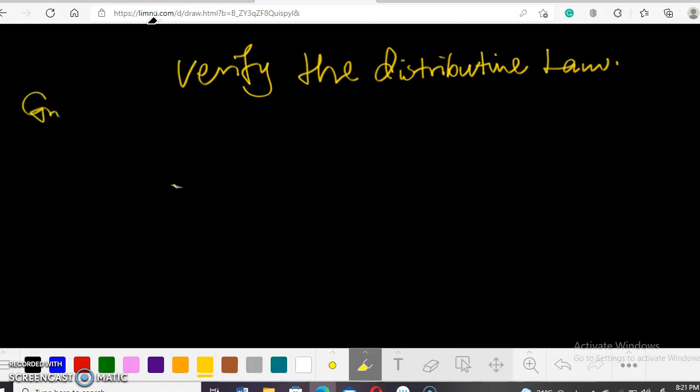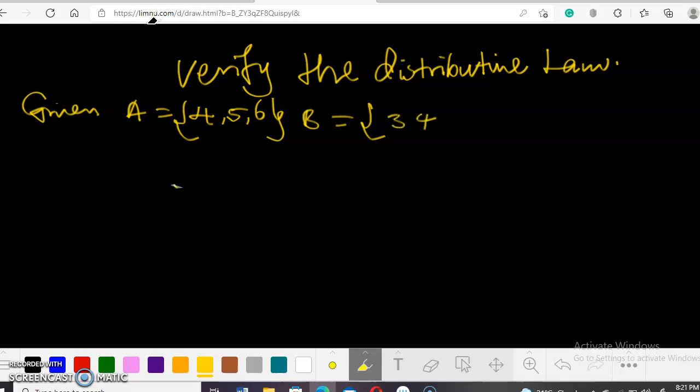Assuming that we are given three sets, say we have set A, which is given by 4, 5, and 6, and we have set B, which is given by 3, 4, 6, and 7, and set C, which is given by 2, 3, and 6. So the question is, verify the distributive law.